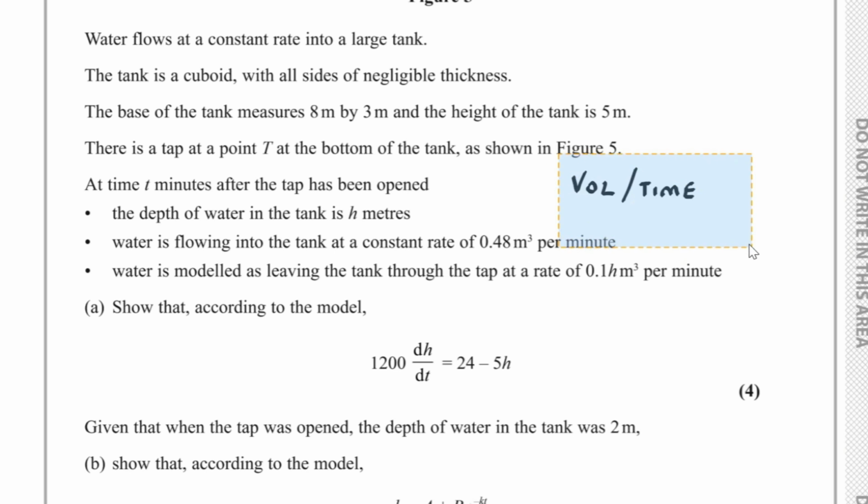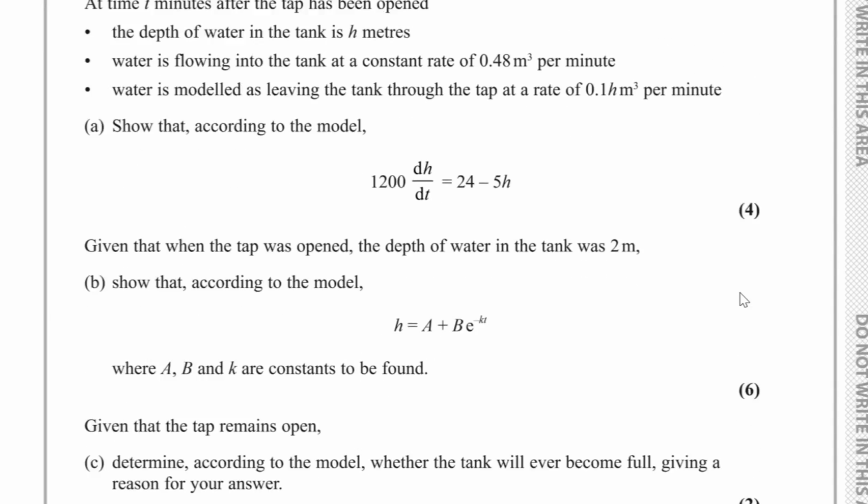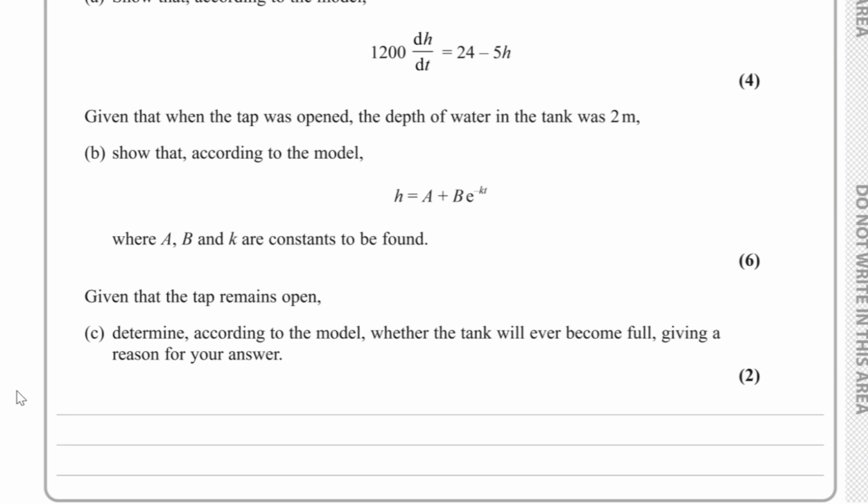So the flow in is 0.48, the flow out is 0.1h, and therefore we've got dV over dt, the rate of change of volume with respect to time.